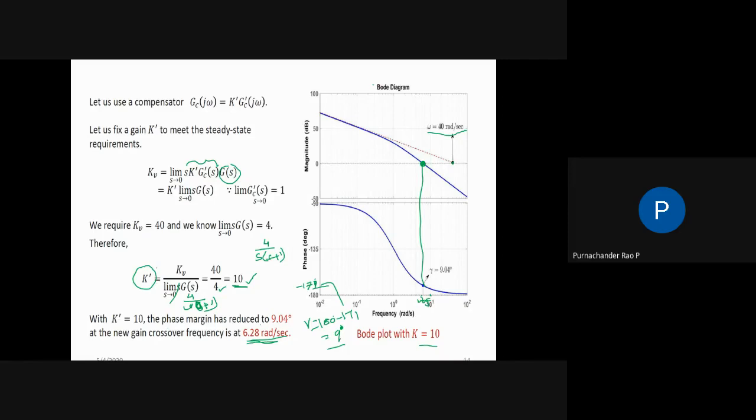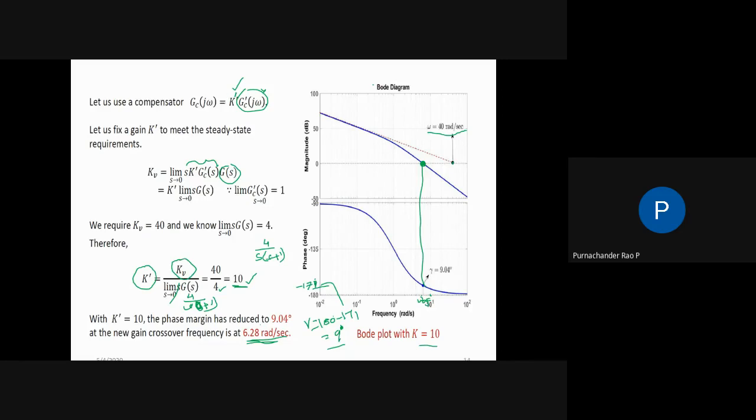Okay, so here I'm not designing the complete GC of j omega. Just remember this. This is not designed up to now. Only the value of K dash is being designed, fixed according to our given value of KV.